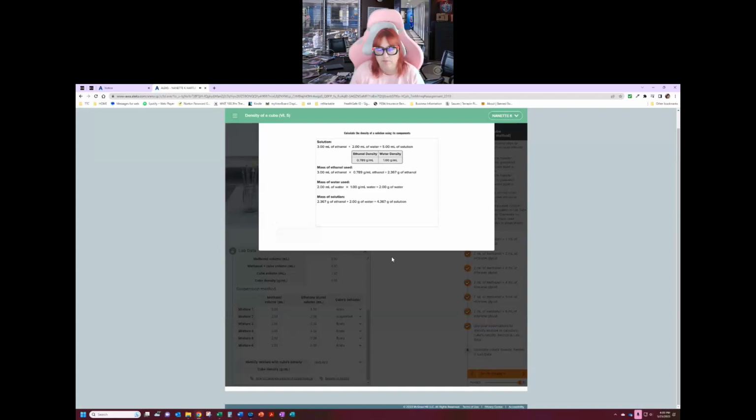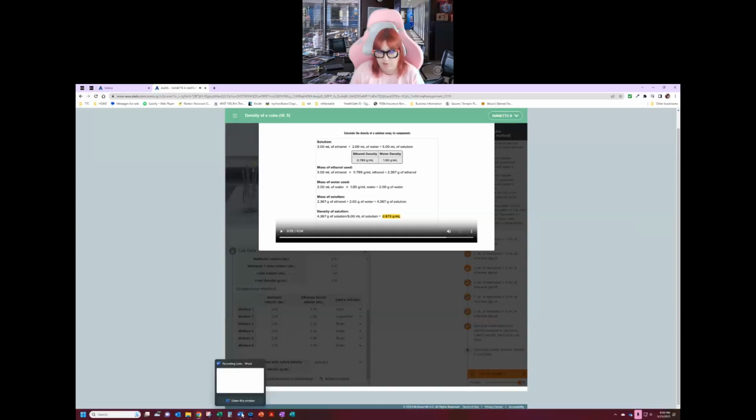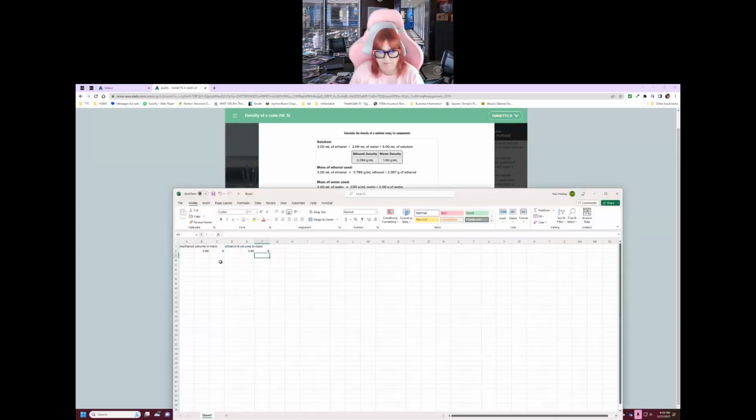Add the masses of the liquids together to get the mass of the solution. Divide the mass of the solution by the total volume of 5 milliliters to get the solution's density. So we need to add those numbers. That's what it says, add the numbers. So that will be my addition.